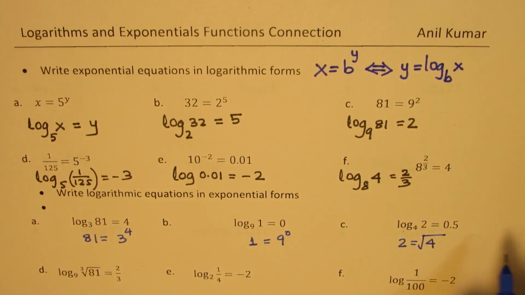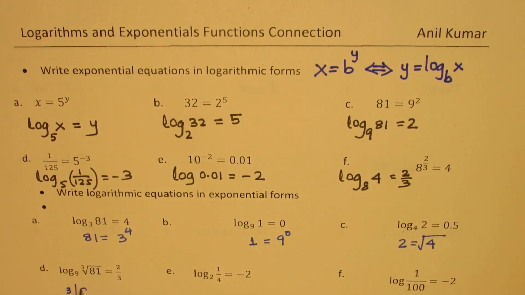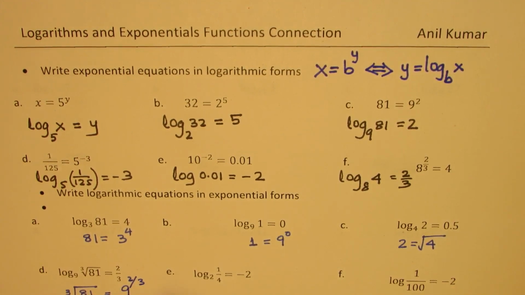That is the exponential form. Here the base is 9, and this particular thing is the value x. So it is cube root of 81 equals 9 to the power of 2 over 3. Perfect. So that is writing it in the reverse way.